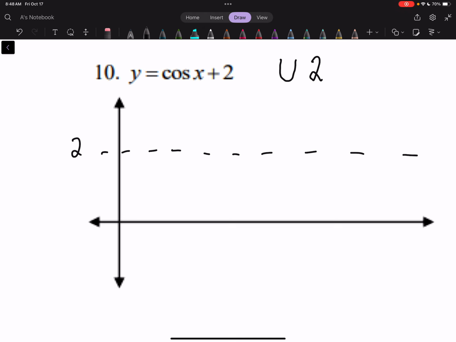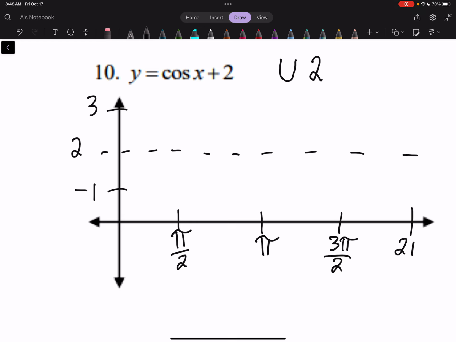My amplitude is 1, so it's going to go from 3 to -1. And I'm sticking with my normal domain. Pi halves, pi, 3 pi halves, 2 pi.